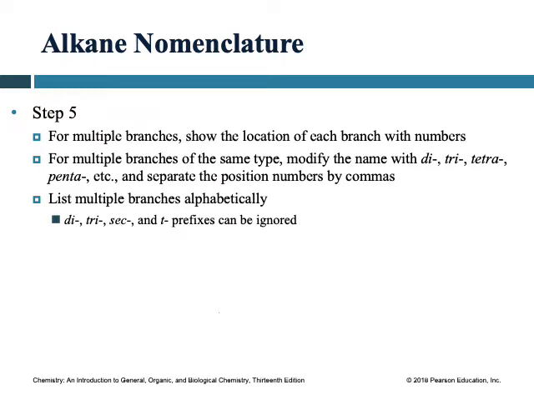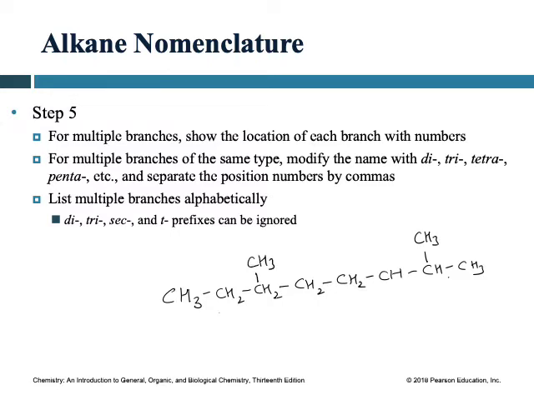So let me give you one more. It's the same example that I gave you. CS3, CS2, CS2, CS2, CS2, 1 2 3 4 5 6 7 8, and then you would have one methyl on this and one on this, and remove this one.